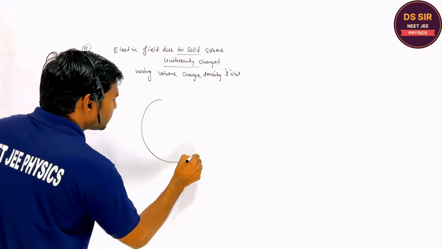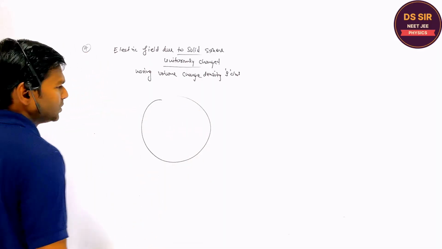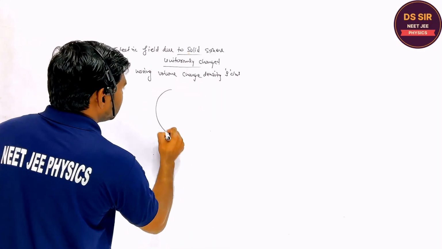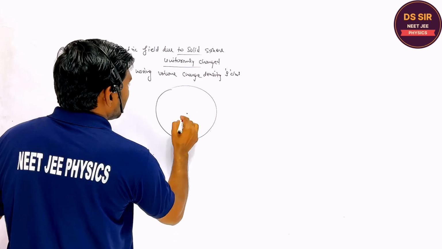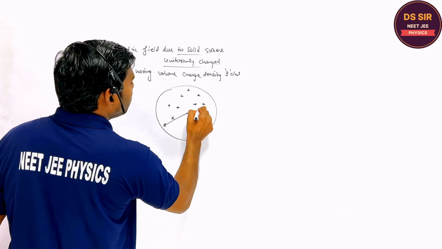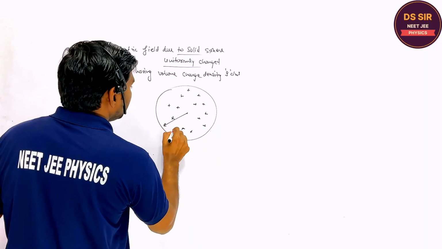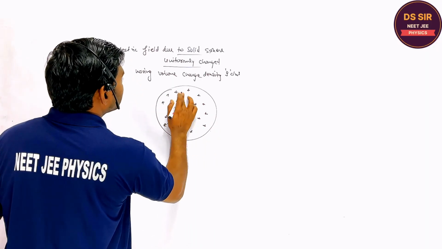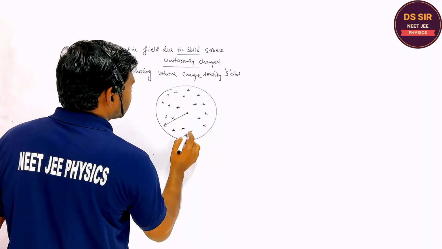If this is the sphere of radius capital R, the charge is distributed over the volume, like this, and this is the center.